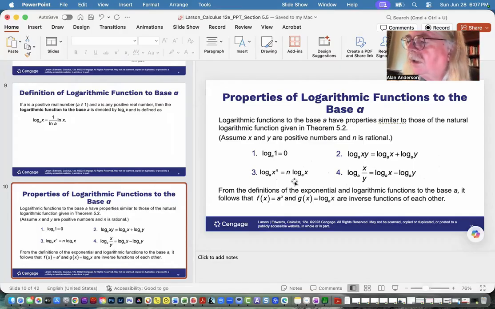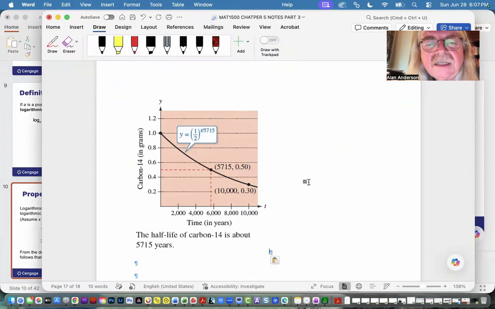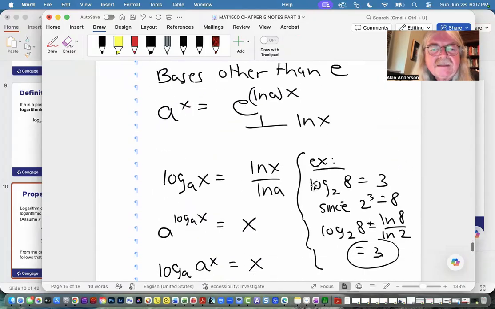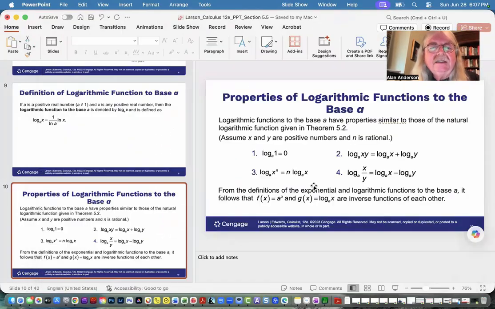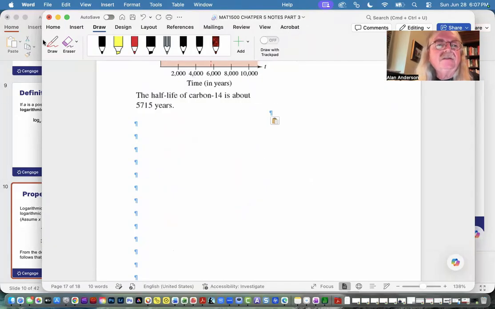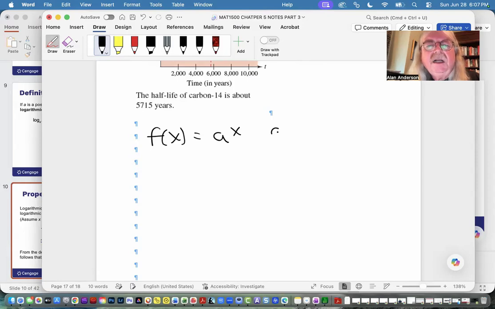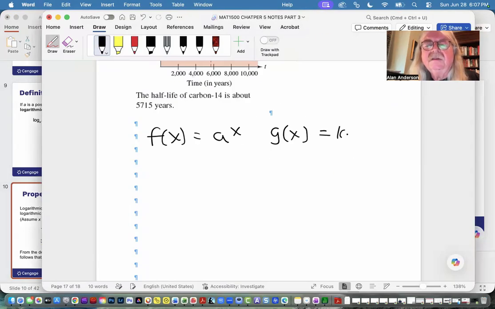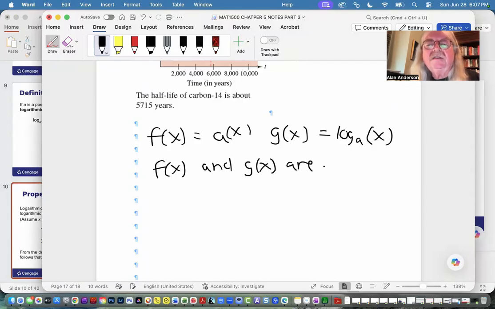Oh, here's something else they added. Let's add this to our list. I guess we'll have to put it down here. f of x equals a to the x. g of x is log base a of x. f of x and g of x are inverses.